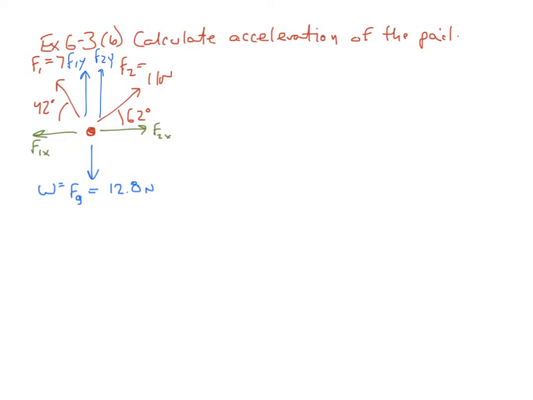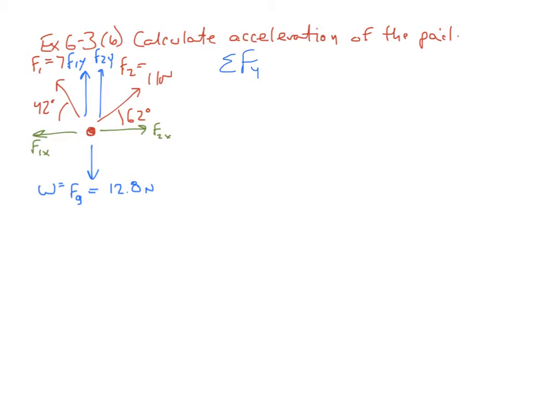So once again, we need to establish a coordinate system. What's positive and what's negative in the y direction, since we're basically ignoring the x right now? Well, I think it makes sense that up would be positive and down would be negative. And so let's sum up our forces in the y direction.